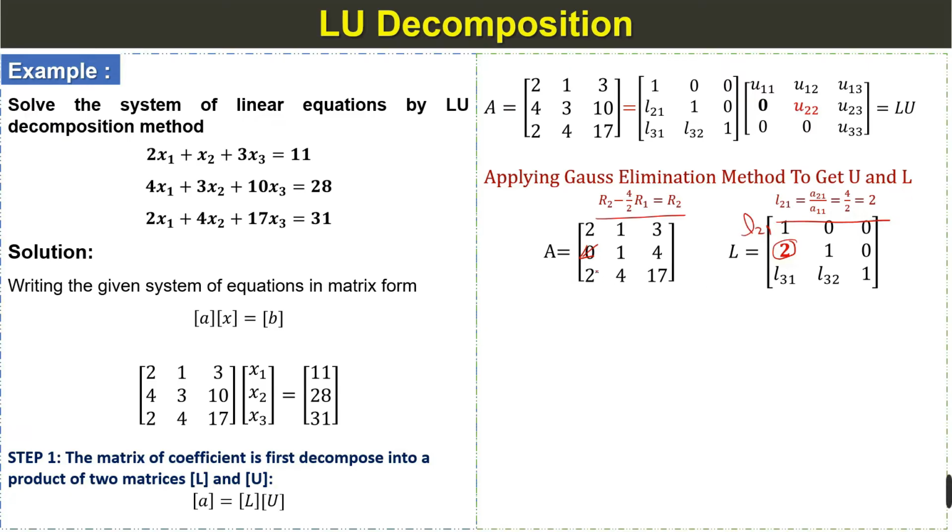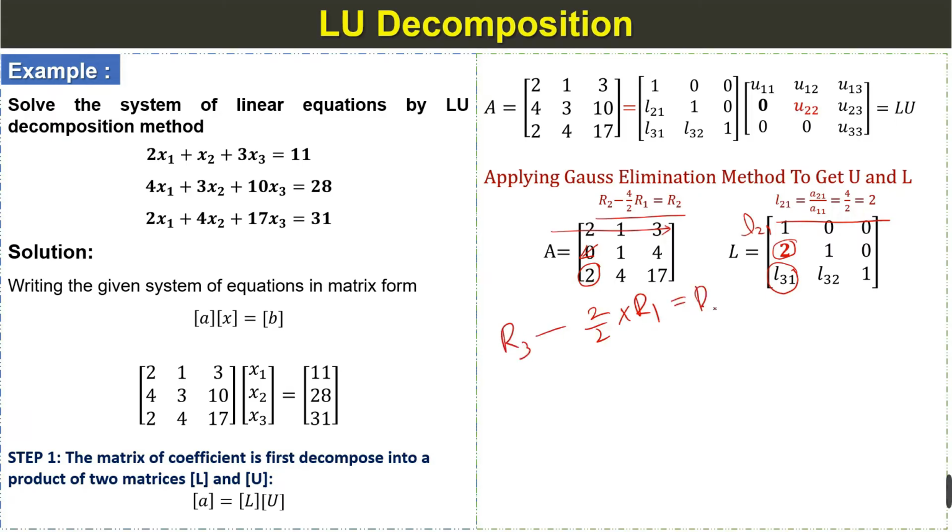Next we eliminate this term, and we will also get the element of the lower triangular matrix, L31. So we multiply the pivot row by 2 divided by 2 and subtract it from R3.